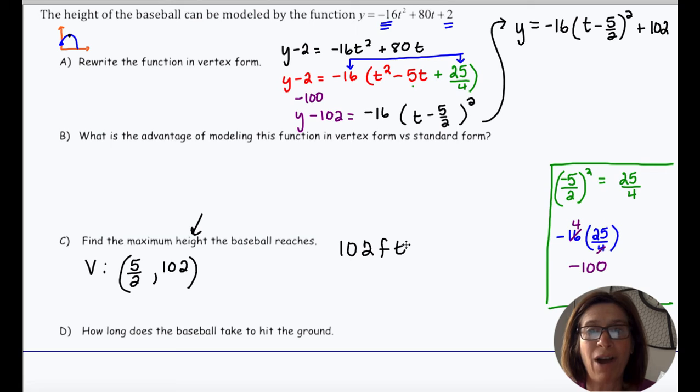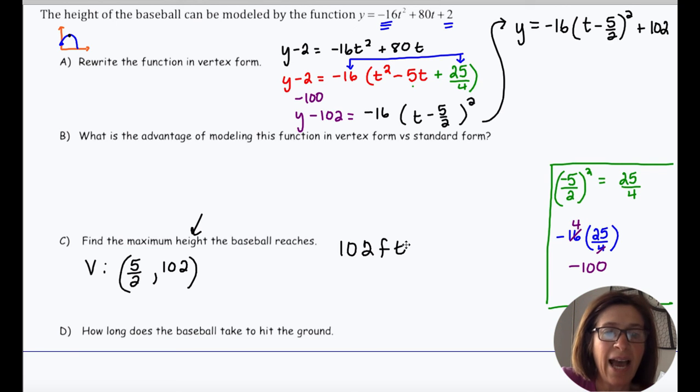In intercept form, however, I can see both the x-intercepts, so I can estimate or even calculate the vertex pretty quickly. So knowing the advantages and disadvantages to each one of those is important. Now, again, we didn't have to put this in vertex form to find the vertex. We have a method in all 3 of those forms to find the vertex.